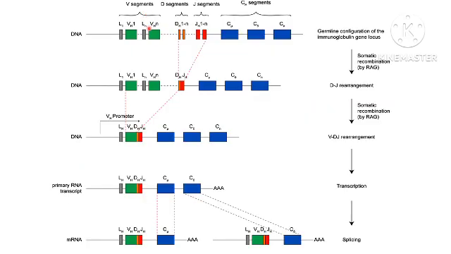Here are the V variable segments numbered from 1 to n, D segments numbered from 1 to n, J segments numbered from 1 to n, and the C segments. The C segment is the site where you decide whether you are looking at IgM, IgG, IgA or IgE.